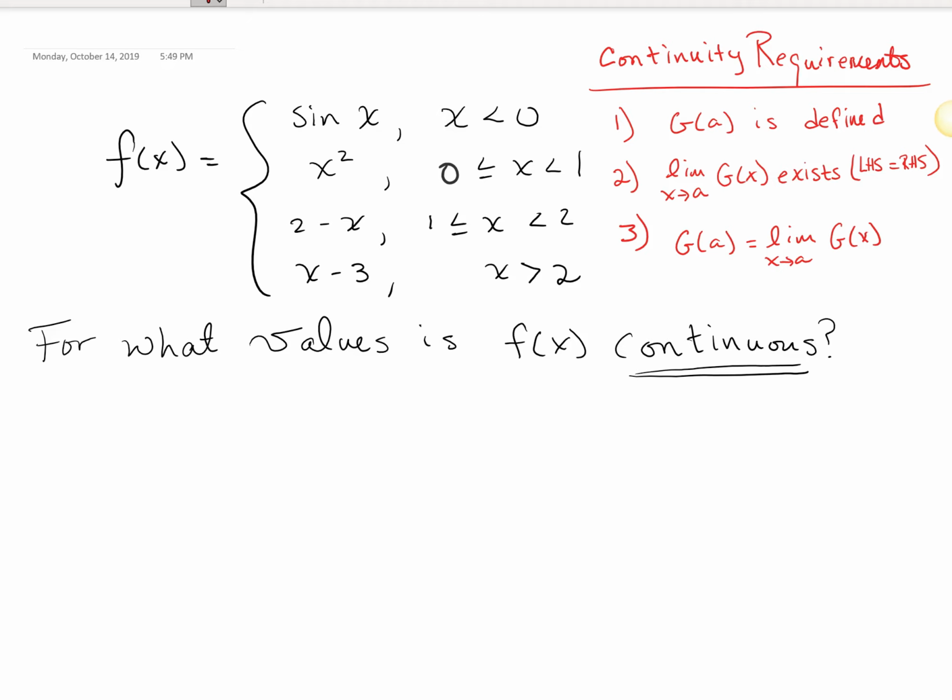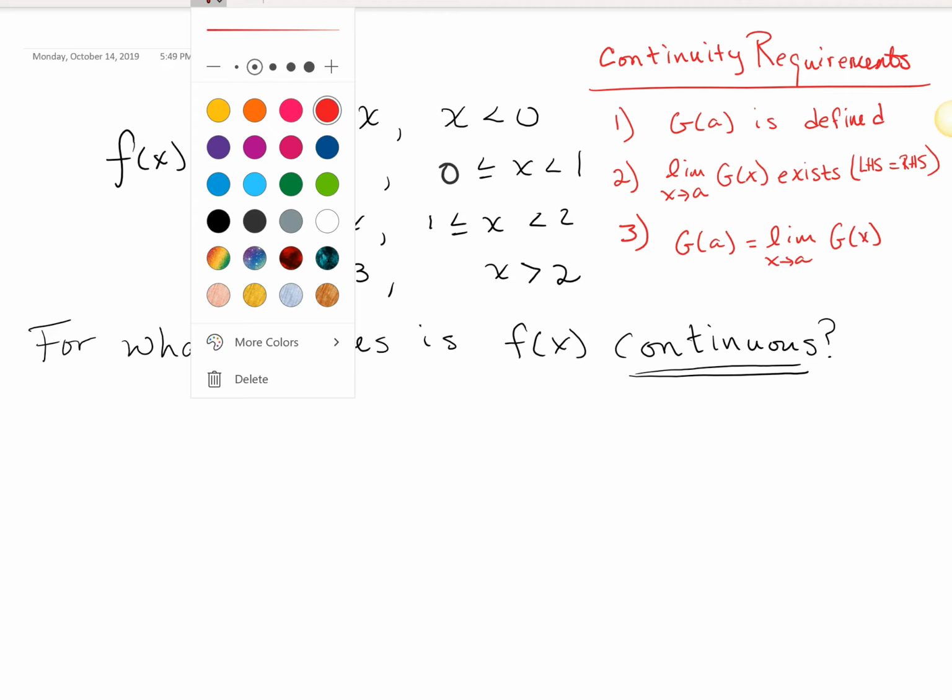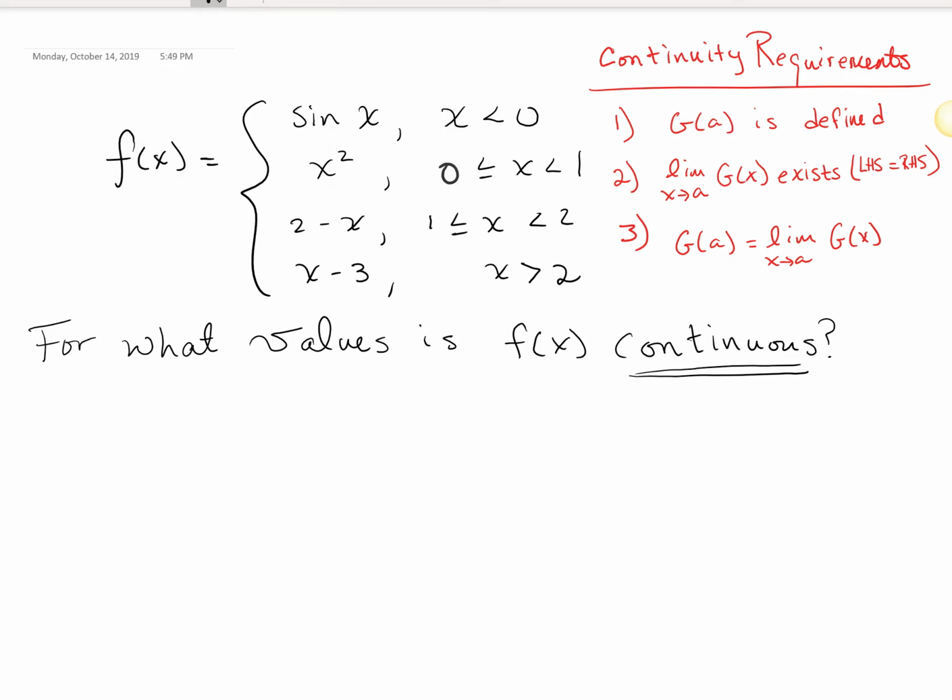All right, so what we're going to do is evaluate this function by taking a look at these sets of numbers. So the requirements for continuity, of course, are that the function is defined, the limit as x approaches a of g of x exists, and that whatever g of a was in step 1 equals the limit that you got in step 2.